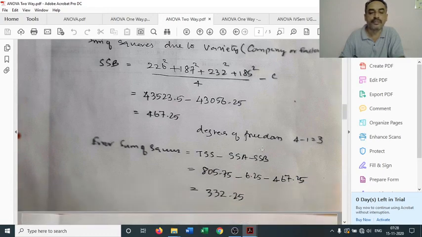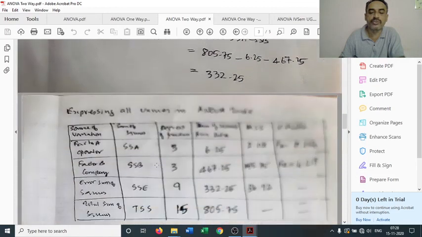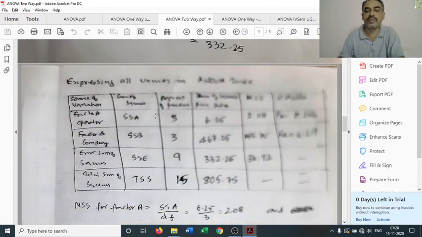Now the error sum of squares is obtained by subtracting both the sum of squares due to A and the sum of squares due to B from the total sum of squares 332.25. Expressing all these values in the table, the first two columns represent the sources of variation and their abbreviations. Next are the degrees of freedom, 3 and 3. Then we enter the last row, 15, and the error degrees of freedom is obtained by subtracting 3 and 3 from 15, that is 9.